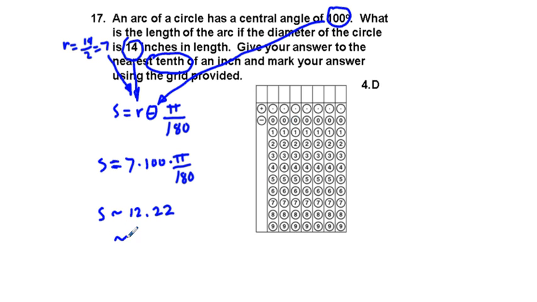Well, that's going to be 12.2. So we can just put in 12.2. Should have been quite an easy problem. Only a little tweak in there is that degrees and also this diameter.